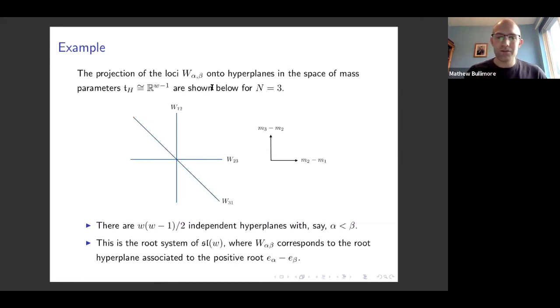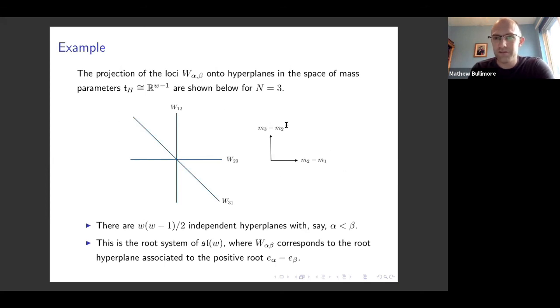I apologize, this is because I switched notation. Let me focus on the case when W is equal to 3. So if there are 3 hypermultiplets, I'm looking at an arrangement of hyperplanes in R2. And the picture looks something like this.